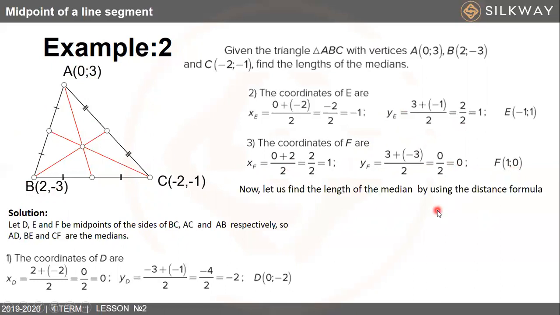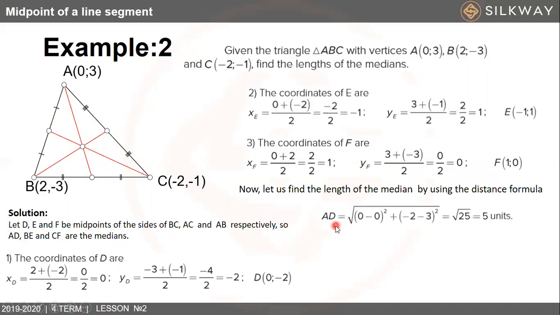Now we know the coordinates of the midpoints, these 3 points. Now we can easily find the length, or distance, of AD, the distance between 2 points from the last lesson. We know the formula.